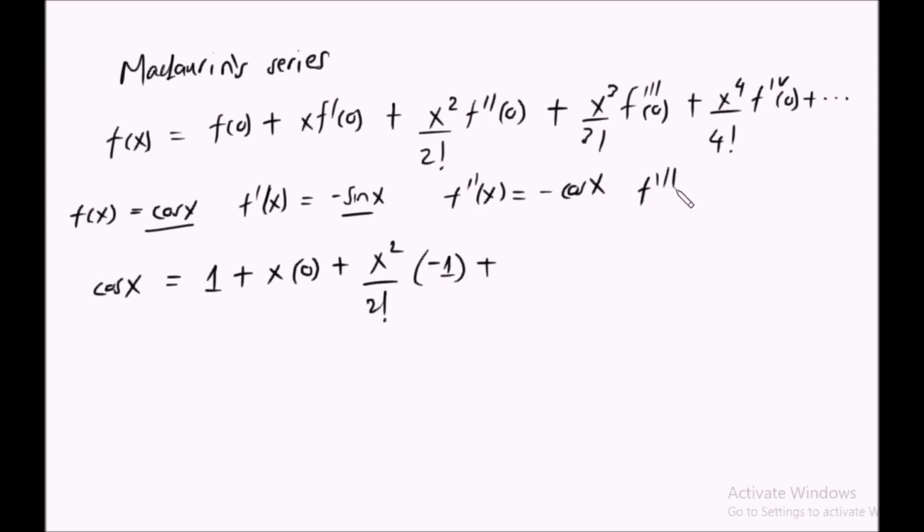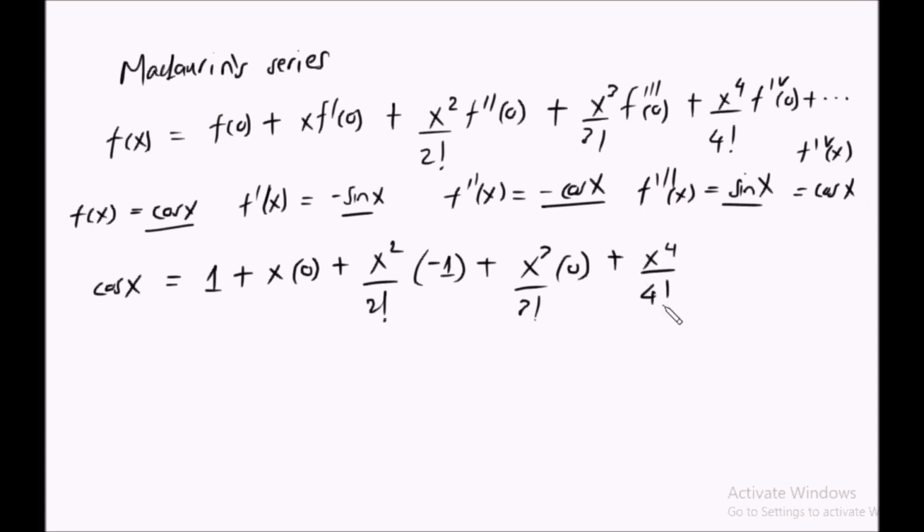Nikidifferentiate huyu nitarudi tena kwenye sin x, positive kwa sababu nikidifferentiate cos of x napata negative, na hii negative ni positive. So sin of 0 ni 0, kwa hivyo itakuwa ni x power 3 over 3 factorial times 0. Fourth derivative, narudi tena kwenye cos x, cos of 0 ni moja, na kuendelea.